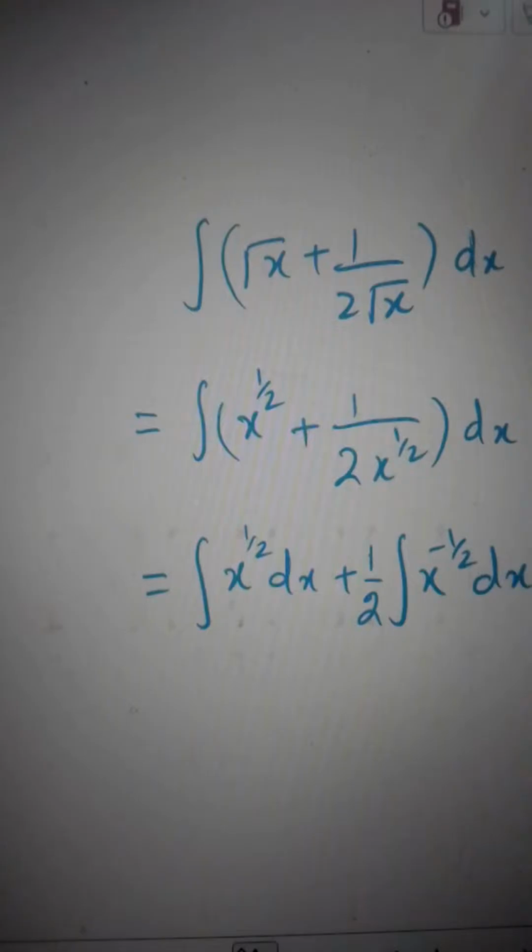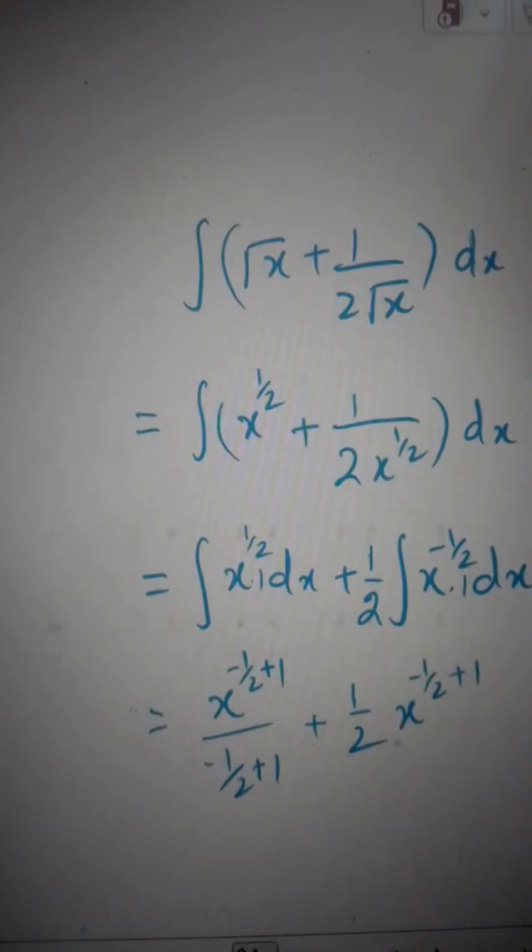So it is again a ready algebraic form, similar to what we handled earlier. The derivative of x is 1. In this case, we just increase the power of the function by 1, divide by that value, and add plus c.